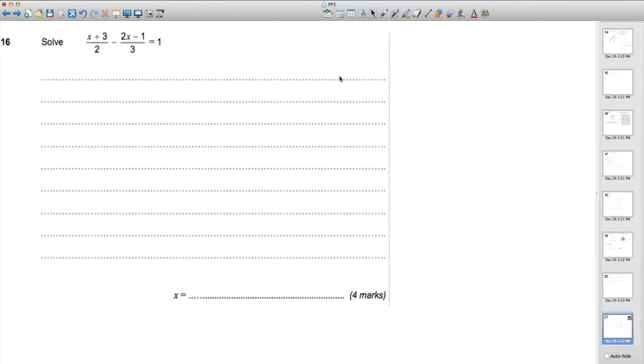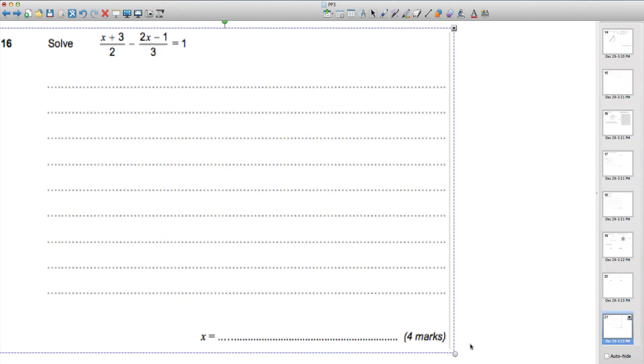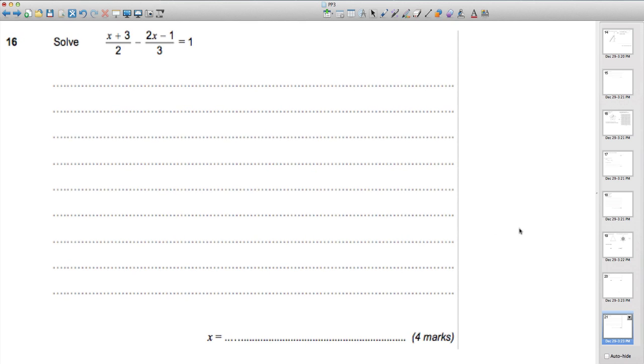Question 16. Again, we have seen these questions come up before. You should be in the mode with these ones now. First thing I do is I want to get rid of that 2 there. So I multiply everything by 2, and I would get 2 on top, still got my x plus 3 over 2, subtract 2.